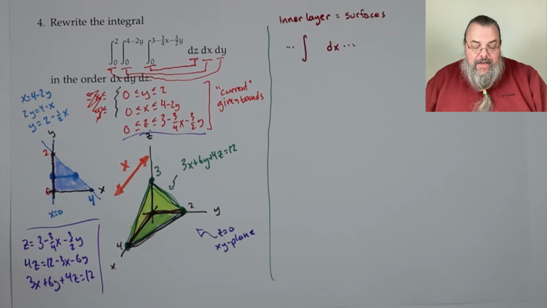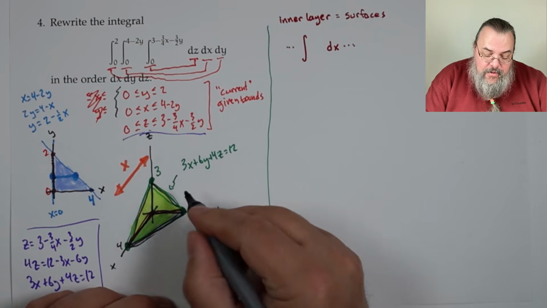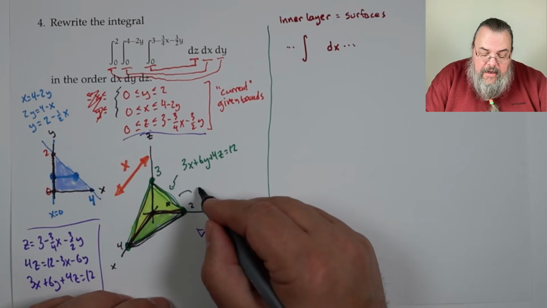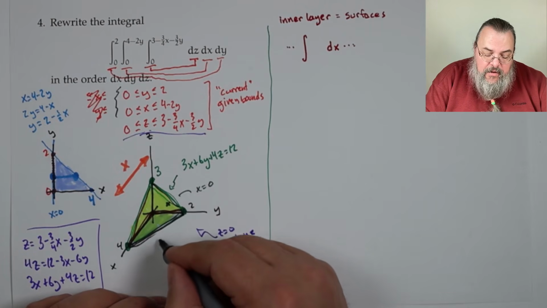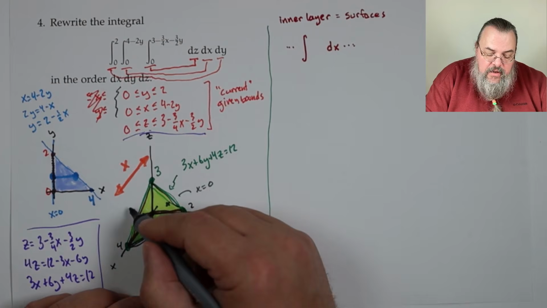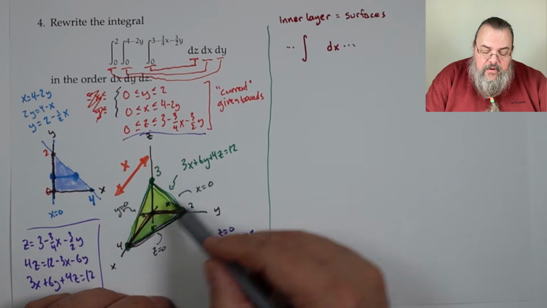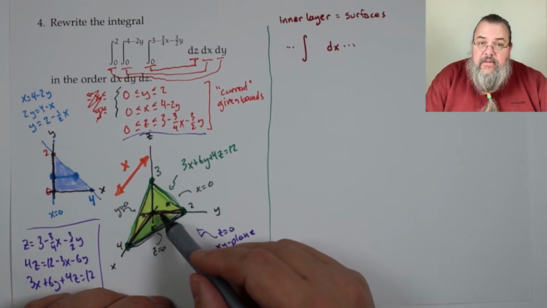What is that back face? The back face, if we were to label it, would be x equals 0. We can actually label all of the faces here. So this bottom face, this is z equals 0. And this other face over here, this is y equals 0. So this back face is x equals 0.